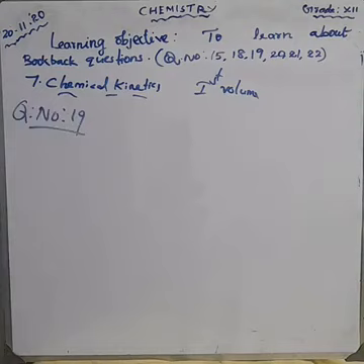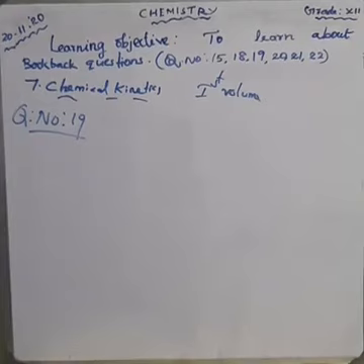If the frequency factor of the reaction is 1.6 into 10 to the power 13 second inverse, calculate the rate constant at 600 Kelvin.